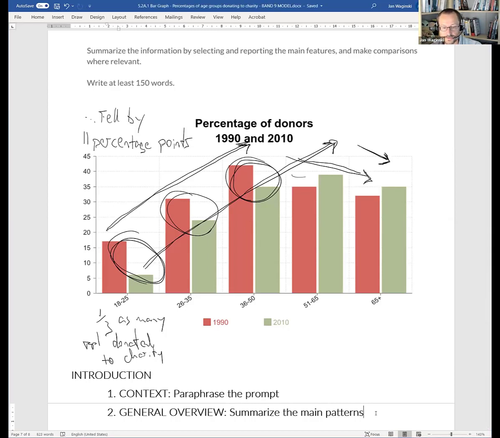Let me put it this way too. From reading your general overview, the reader should be able to predict exactly how your body paragraphs are structured. You're not writing a murder mystery. This is the exact opposite of fiction writing. You give away everything at the beginning because you're basically educating the reader.